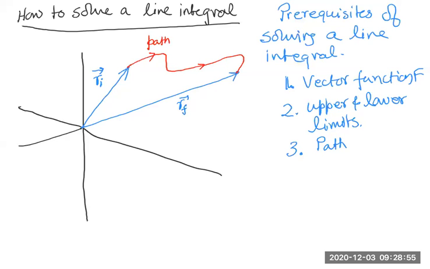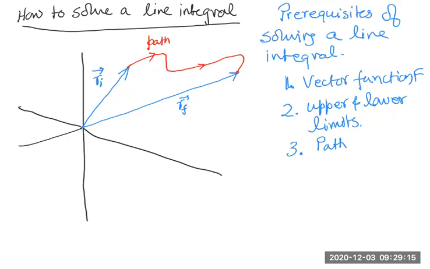Very, very weird. This means that if the vector function is same and if the limits are same, still you may get an infinite amount of answers.